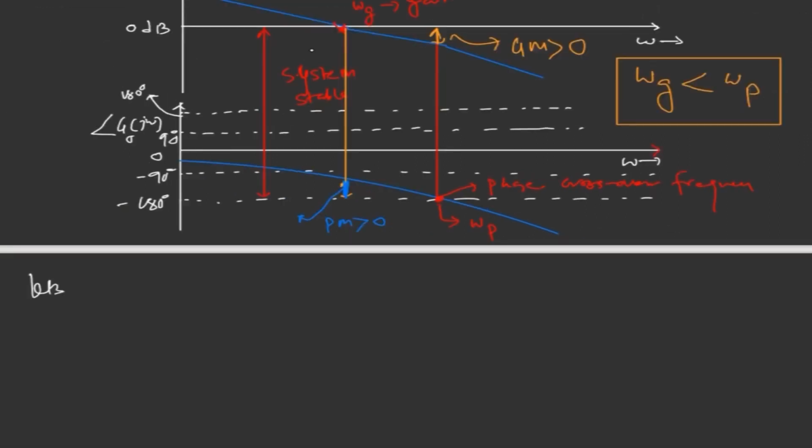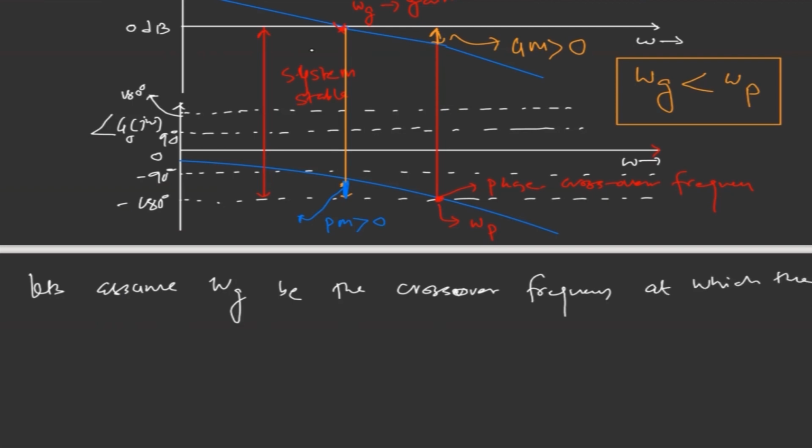Let's take an example of how to find gain margin and phase margin from this response. Let's assume omega g is the crossover frequency at which the magnitude plot crosses the 0 dB line.